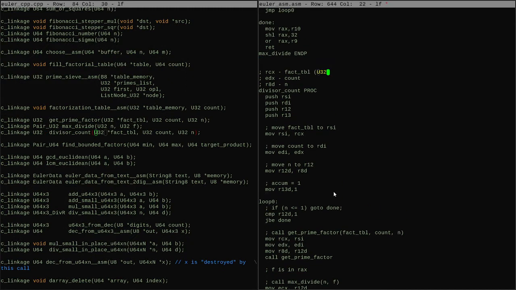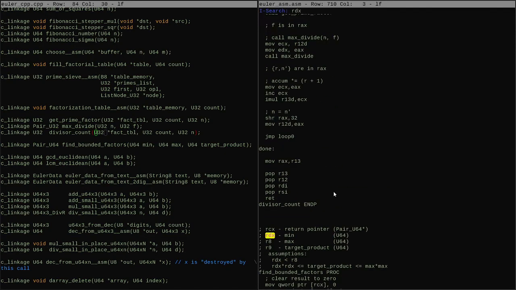Let's go put in some useful comments. The visor count. Okay, so I have to look at RDX here, it's probably being used.